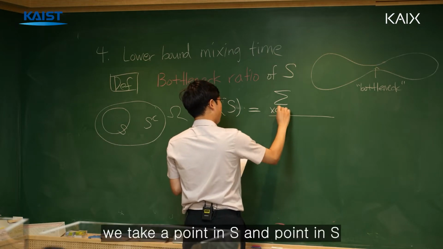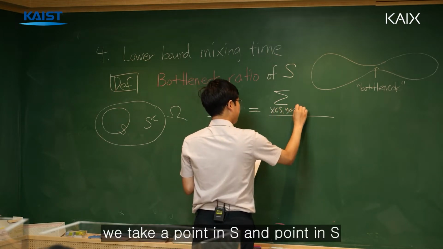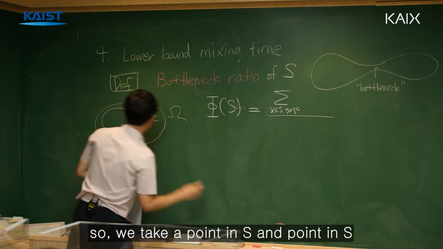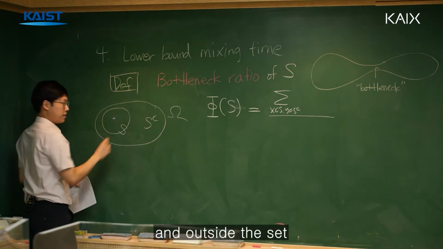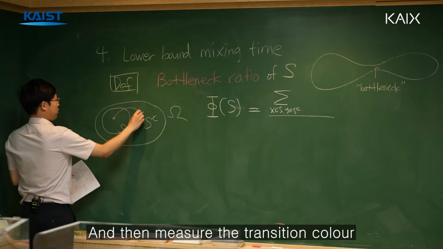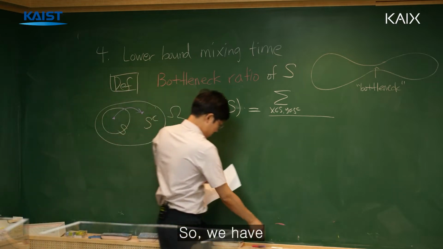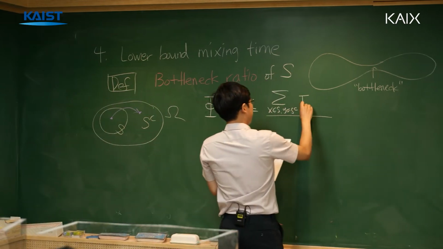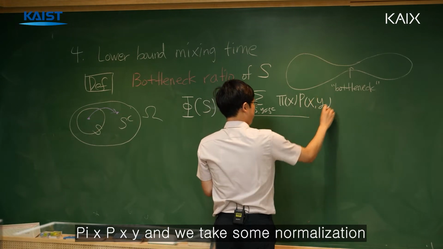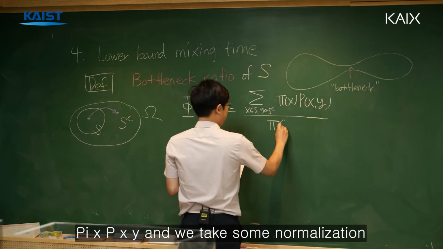We take a point in S and a point in S complement. So we pick one point inside this set and one outside this set, and then measure the transition probability. So we have pi x p x y, and we take some normalization.